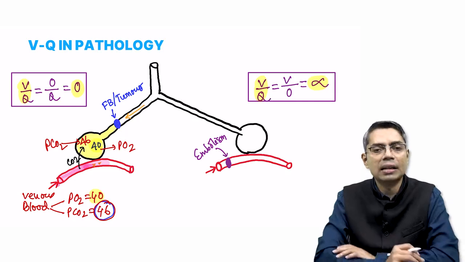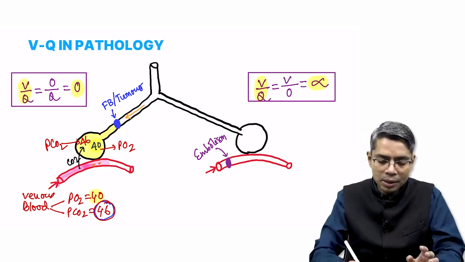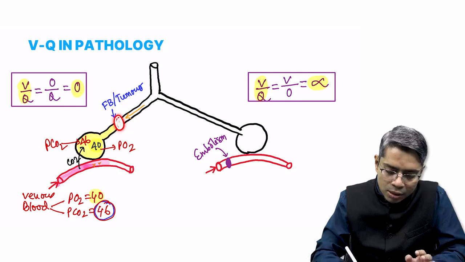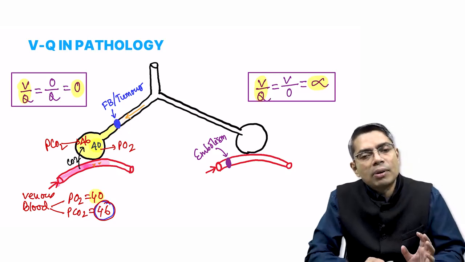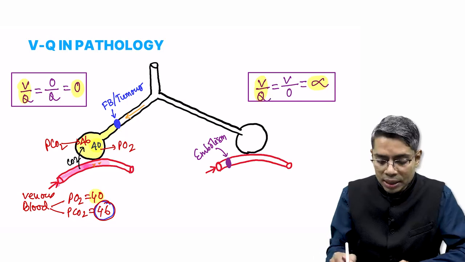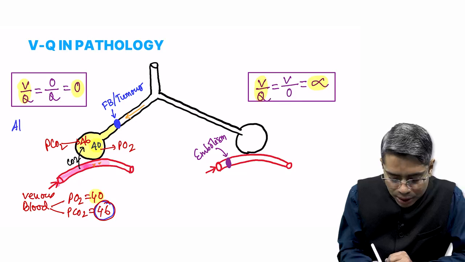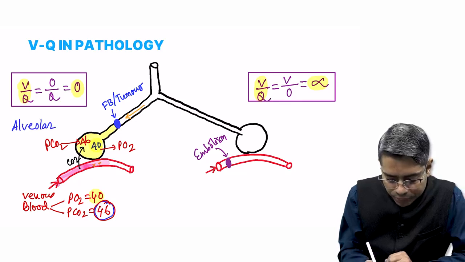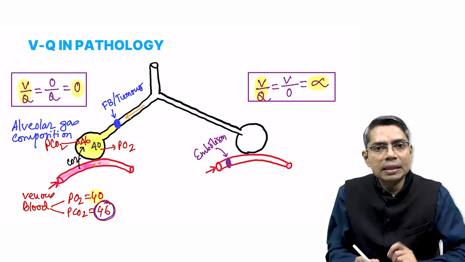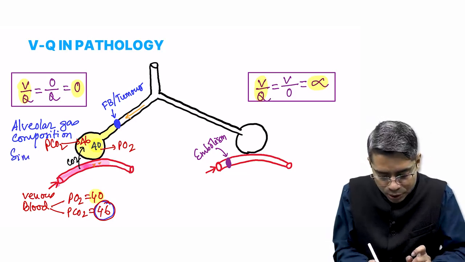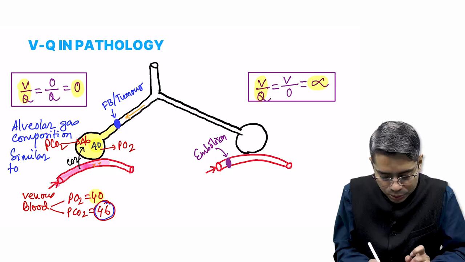This is the condition that is going to happen whenever any foreign body or tumor is obstructing one alveoli. So the bottom line is that the alveolar gas composition is exactly similar to the venous blood gas composition.